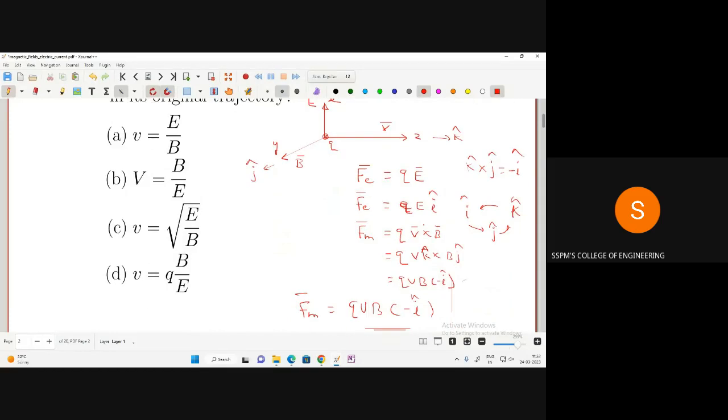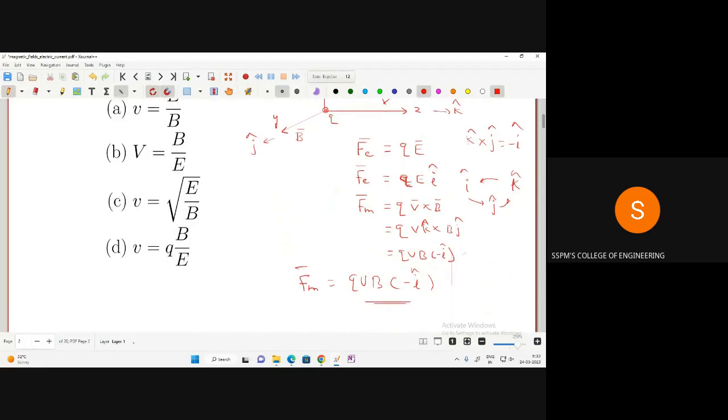So what is the condition for no deflection? The magnitude of the electric force should be equal to the magnitude of the magnetic force. You know the magnitude of the electric force? The magnitude of the electric force Fe is equal to q into E, and the magnetic force has magnitude q into V into B.